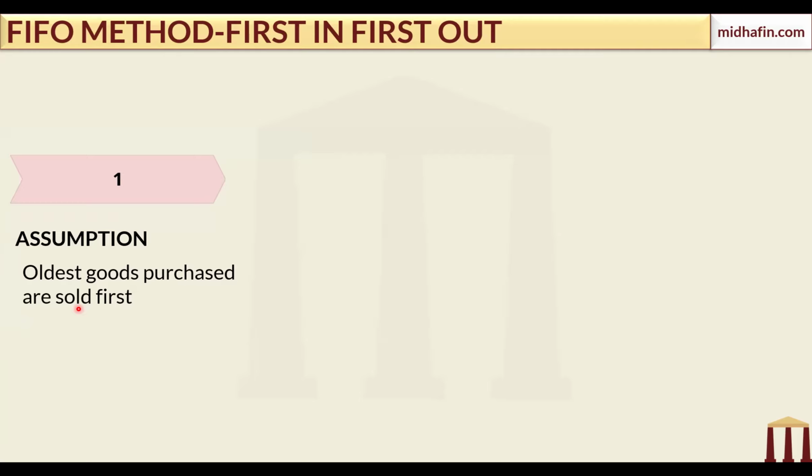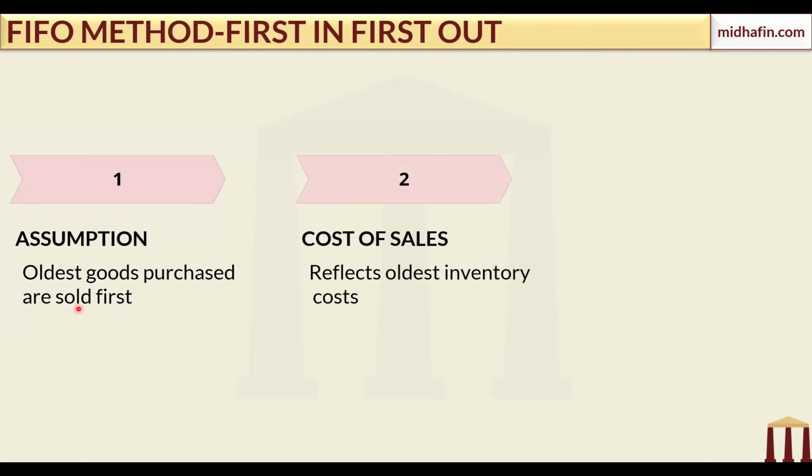Since the older units are assumed to be sold first, the cost of sales will reflect the oldest inventory cost, because that is what is assumed to be sold first. So your cost of sales will be based on these older historical costs, starting from the beginning inventory, the earliest purchases. Got it?